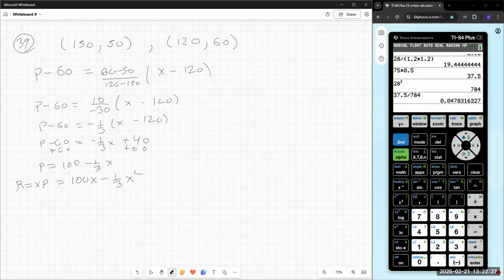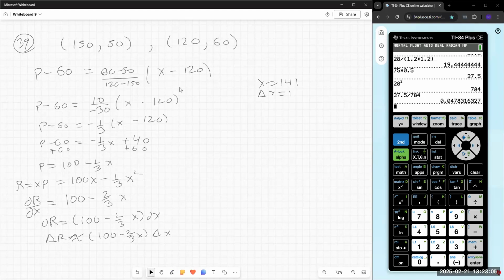And my dR/dx, since I want to estimate delta R, is going to be 100 minus 2/3 x. dR will be exactly 100 minus 2/3 x times dx, and delta R will be approximately 100 minus 2/3 x times delta x. So we're given an x of 141 and a delta x of 1.